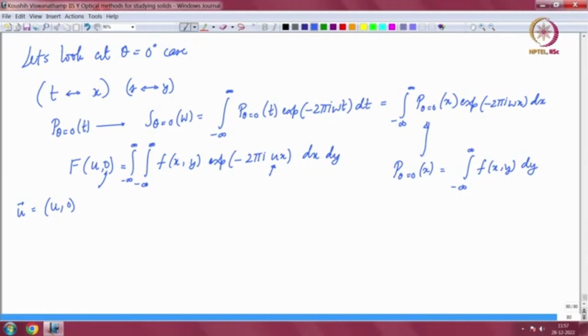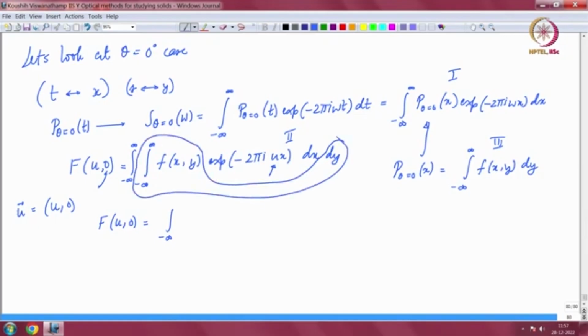Correct, because s is along the y direction. So, now we can put this and this together, and you will immediately see that this whole thing becomes quite obvious. So, f of u comma 0 is, we are going to split this integral. So, we will do this part first. Okay. So, we will keep the x integral out.